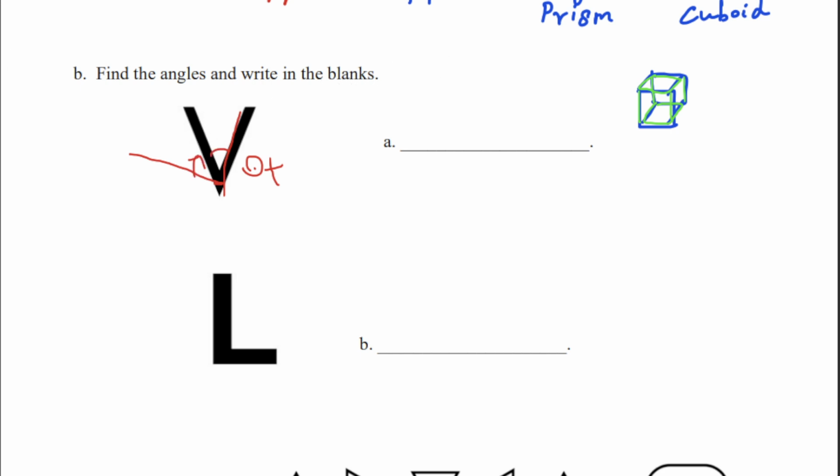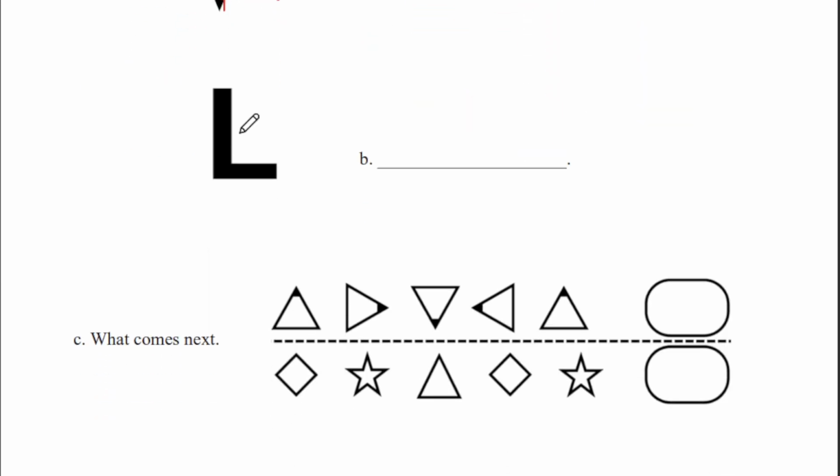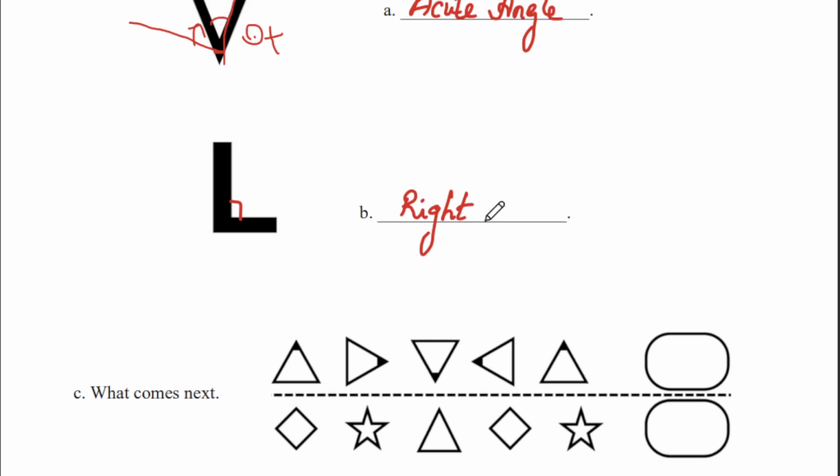The angle which is less than the right angle is an acute angle. This one is very easy, right? State: right angle. So this one is a right angle.